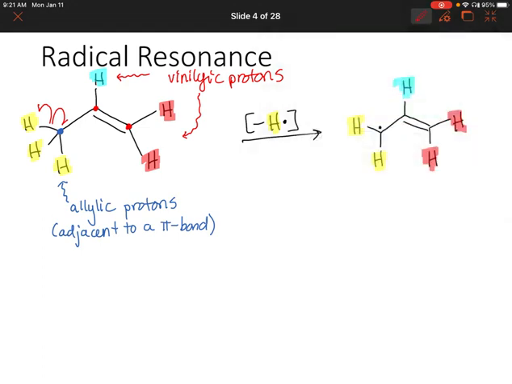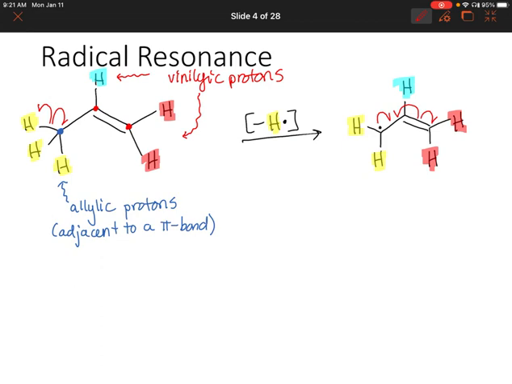So let's show the movement of this single electron to another carbon. What can happen with radical resonance is if you have a single electron next to a single bond that's next to a double bond, you can see movement of that electron over to the carbon on the right.